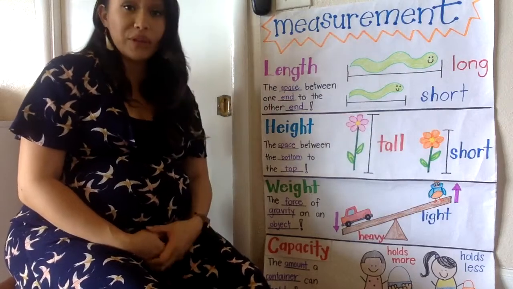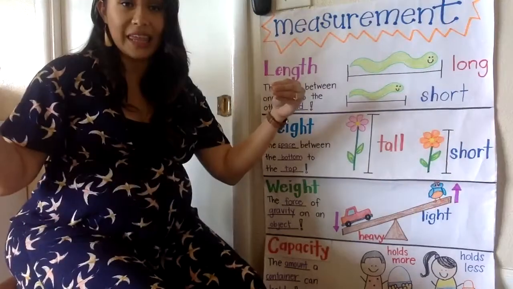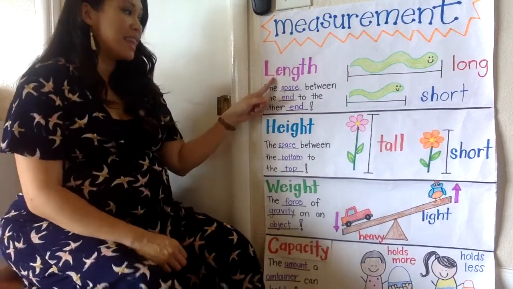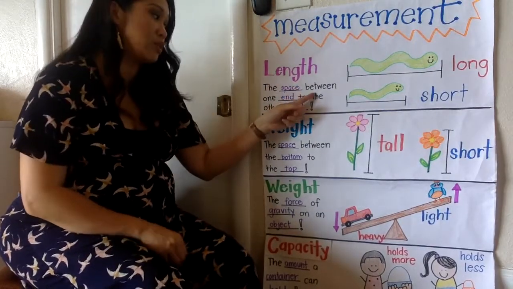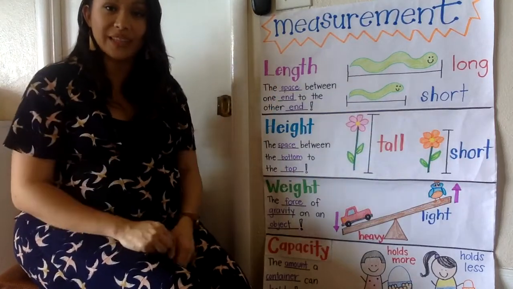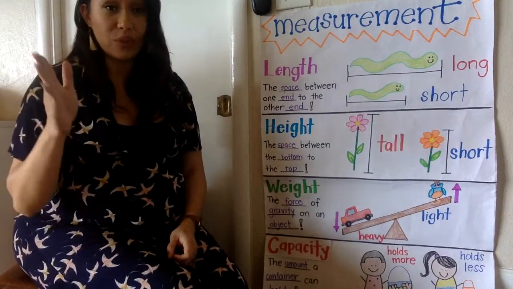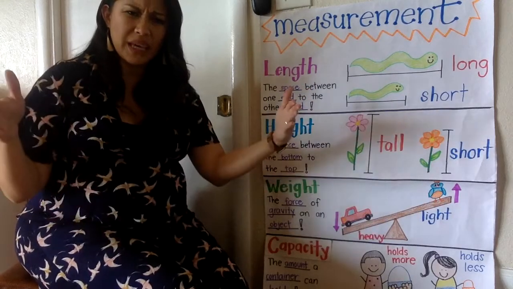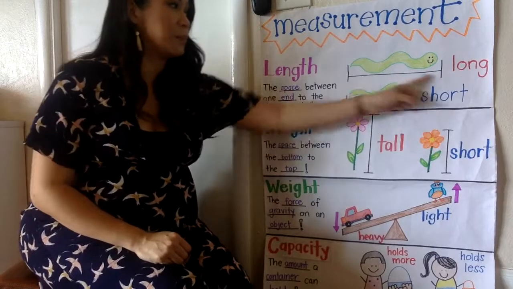The first one we learned was length, and that was with Miss Pham. Miss Pham told us that length is the space between one end to the other end. What's length? The space between one end to the other end. And if the space is big, that means it is what?